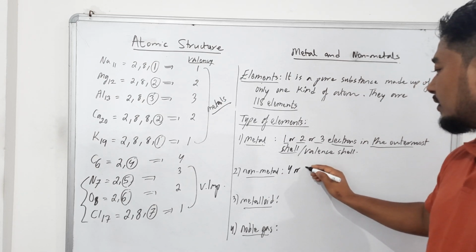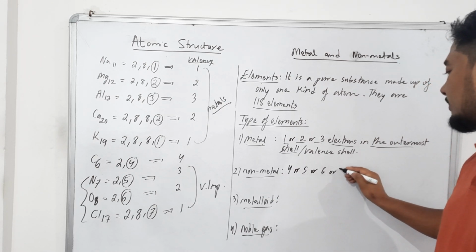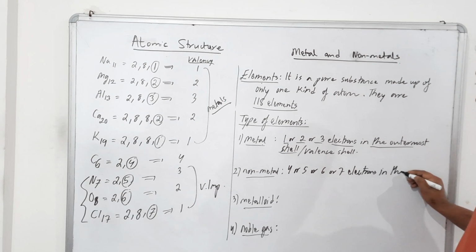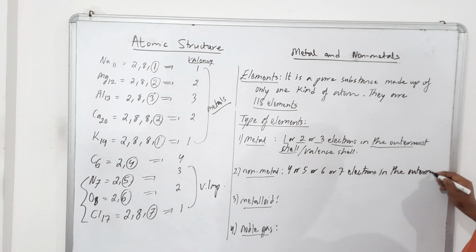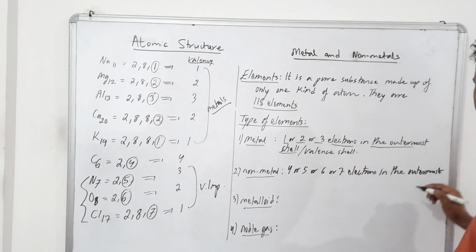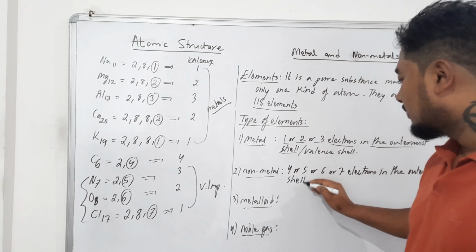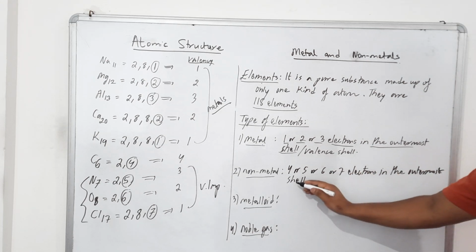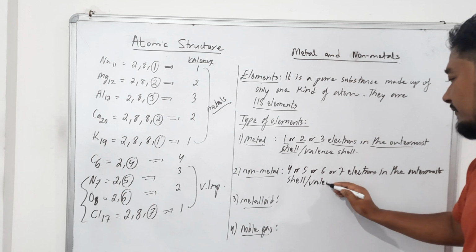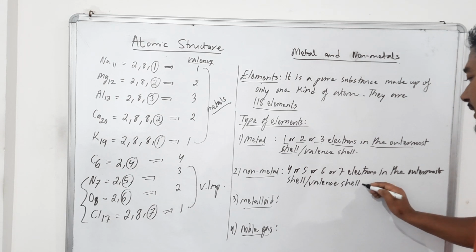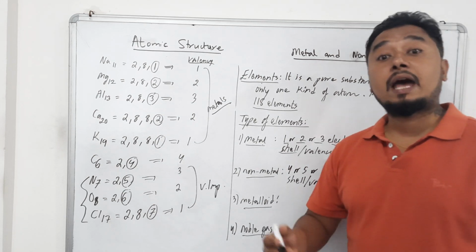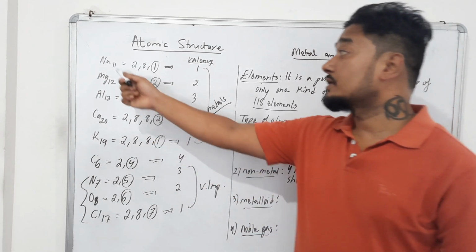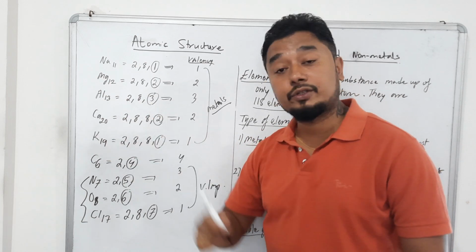Those who have 4 or 5 or 6 or 7 electrons in the outermost shell, also known by the name valence shell, are called non-metals. So metals usually have 1, 2 or 3 electrons in the outermost shell, students. Examples are sodium, magnesium, aluminum, calcium, potassium.